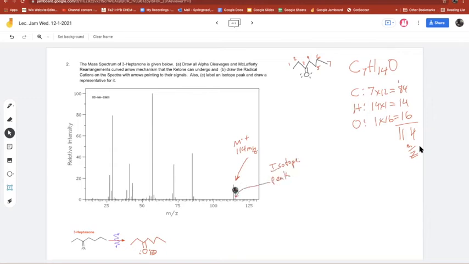Okay, but let's get back to our original question here, the fragmentations. So for the alpha cleavage, there's going to be 2 of them, huh? We can have an alpha cleavage to the left where there's 2 electrons in this bond between the carbonyl carbon and the alpha carbon.